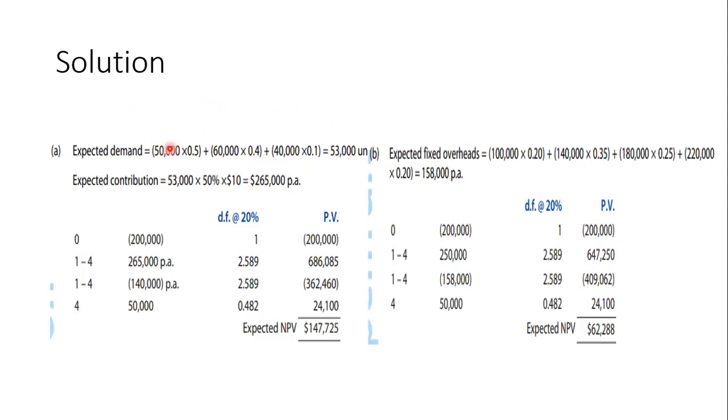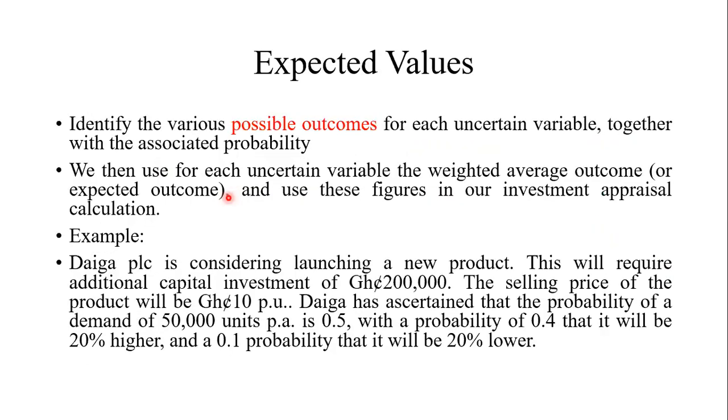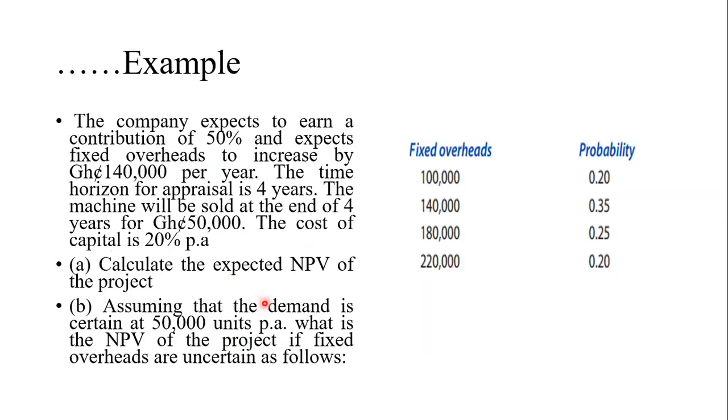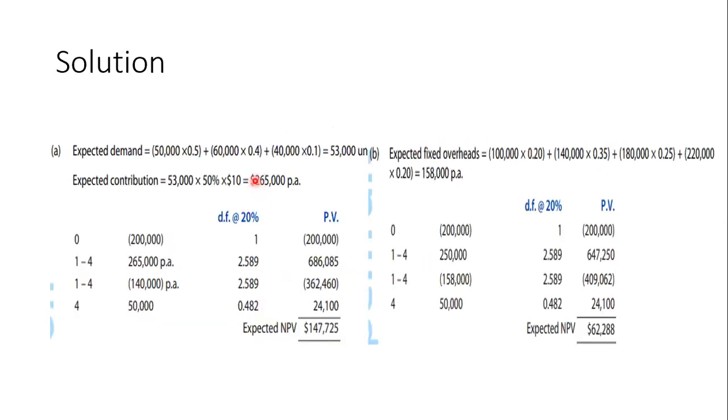So we can use that to calculate our expected contribution, which is our sales price of 10 Ghana cedis per unit times the volume or demand, which we have calculated already, the expected demand of 53,000, times 50%.